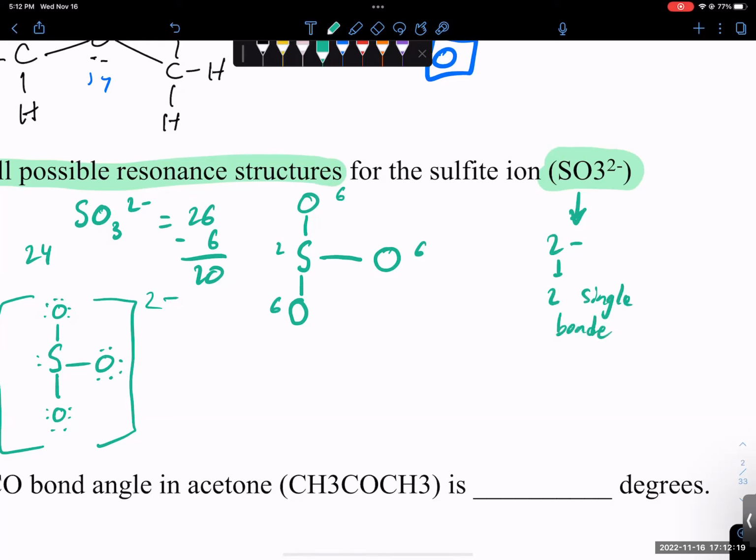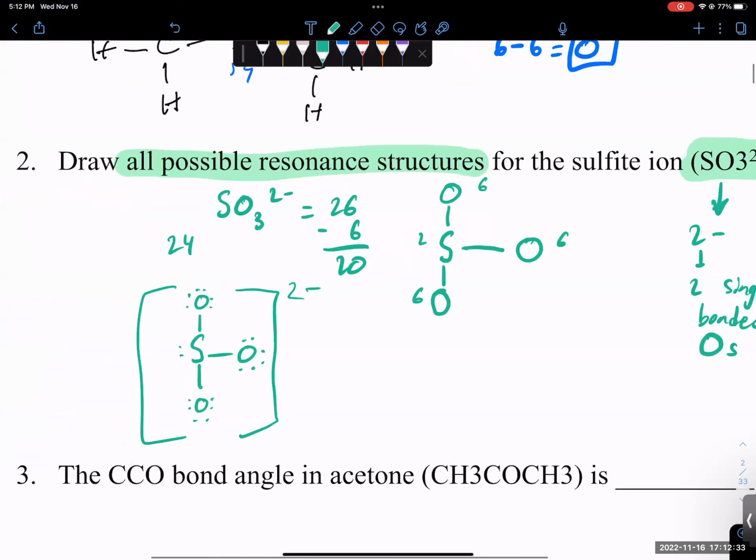But before that, what's the one rule that trumps octet? Formal charge. Formal charge is always greater than octet. So what is the formal charge on this oxygen? 6 minus 7, it's minus 1.